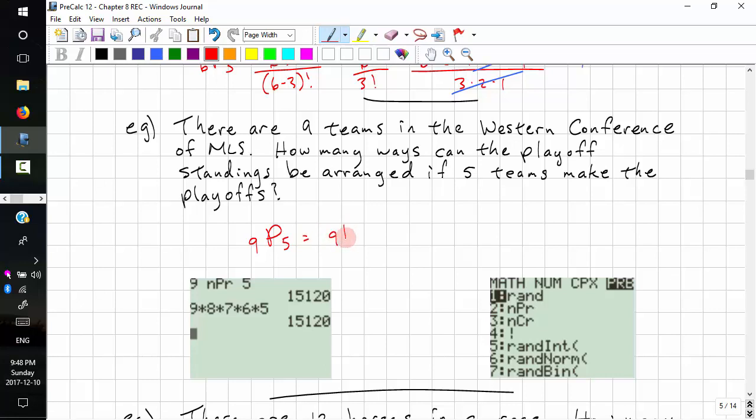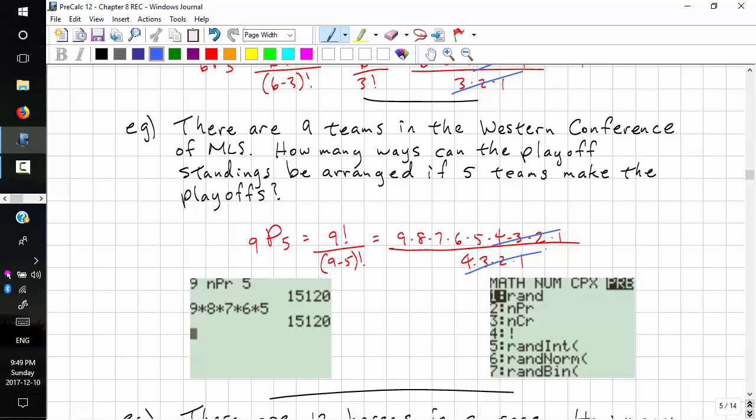So this is 9 factorial over 9 minus 5 factorial. So this is 9 times 8 times 7 times 6 times 5 times 4 times 3 times 2 times 1 all over 4 times 3 times 2 times 1, and they cancel out.